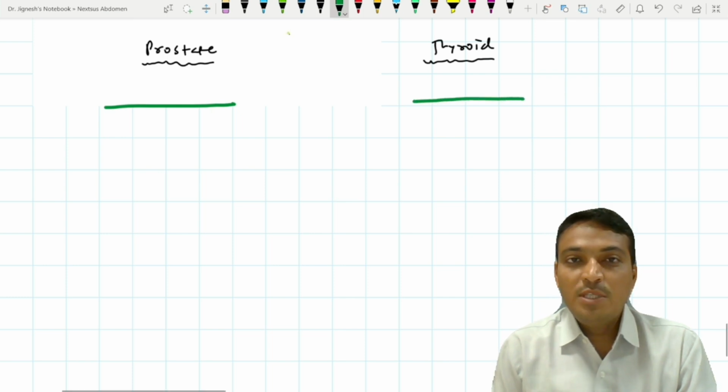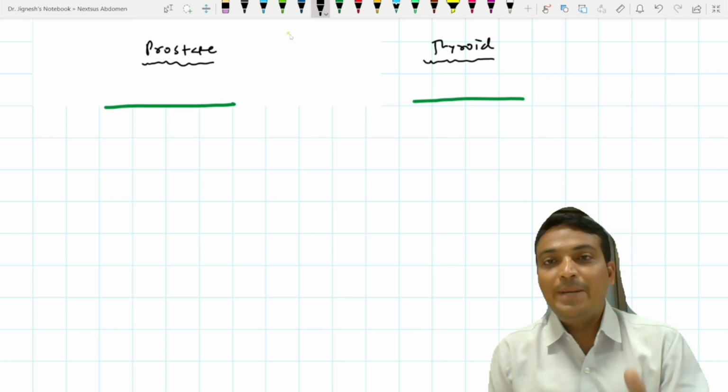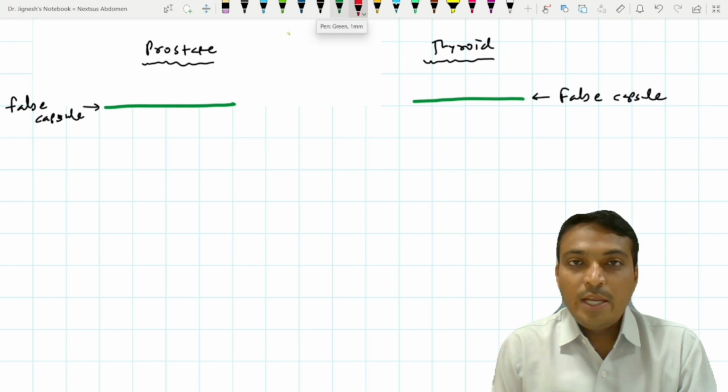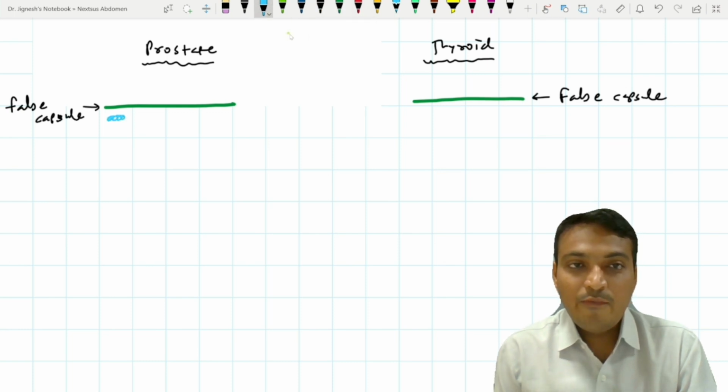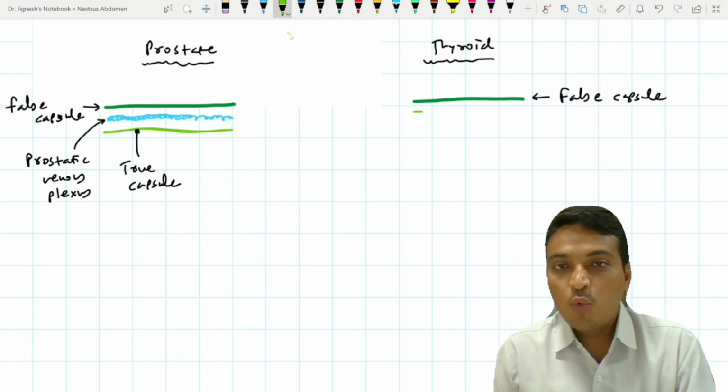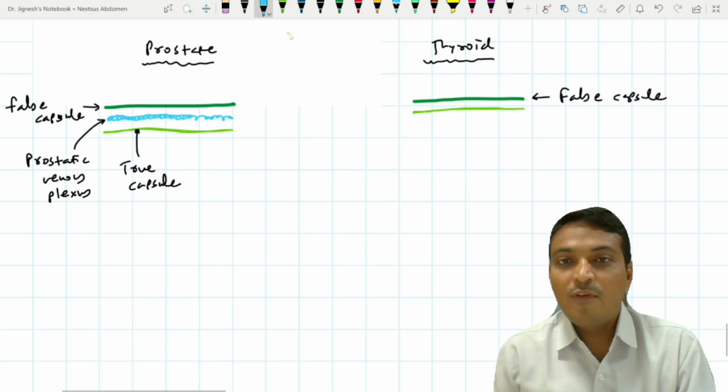The false capsule of the thyroid is formed by the pretracheal fascia. In the case of the prostate, just under the false capsule, we find the prostatic venous plexus, which is covered by the true capsule of the prostate from the inner side. While in the case of the thyroid gland, just under the false capsule, we find the true capsule, and deep to the true capsule, we find the thyroid venous plexus.